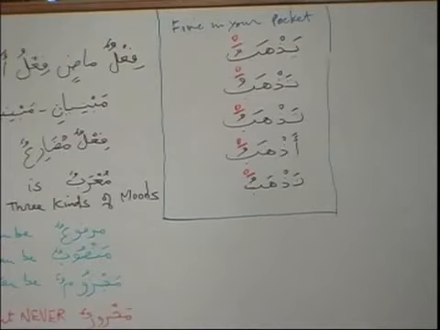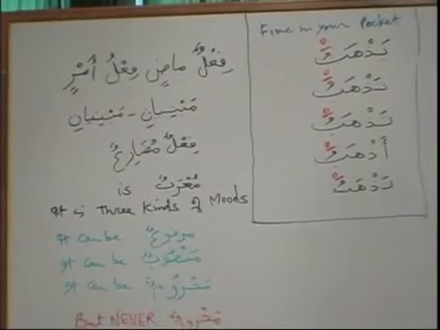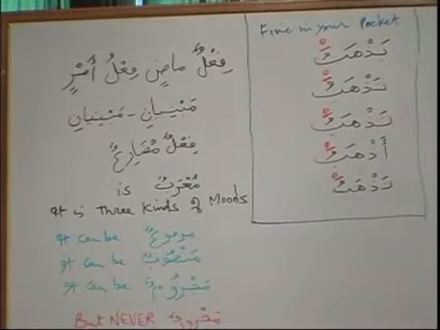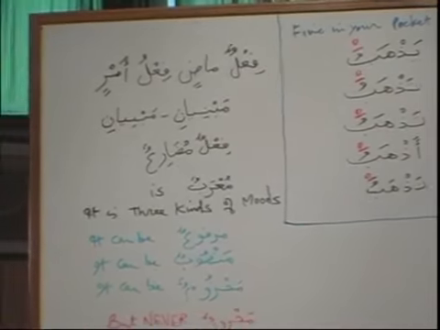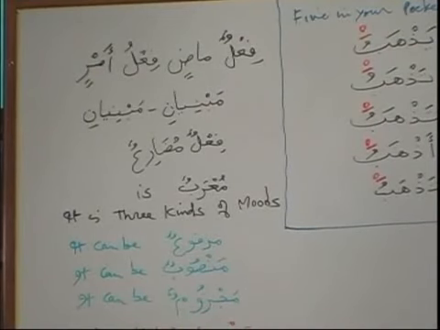Fi'lu madin, fi'lu amrin, mabniyani. The past verb and the command verb are mabni. فعل مضارع is معرب. معرب means it declines, remember this.